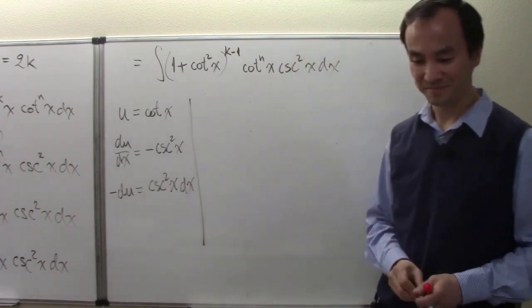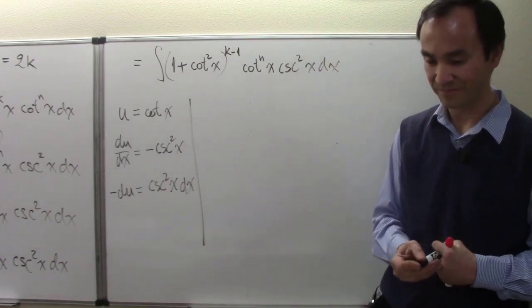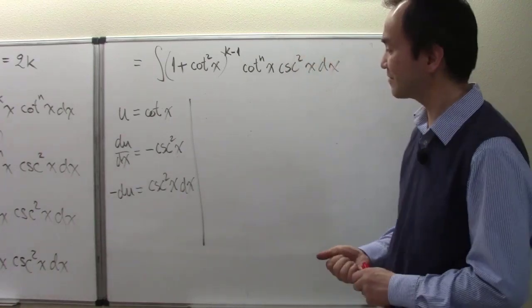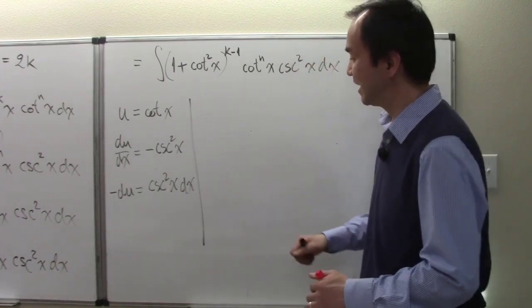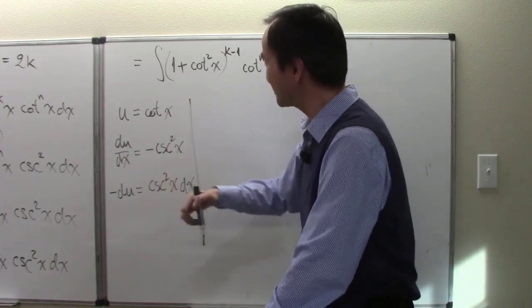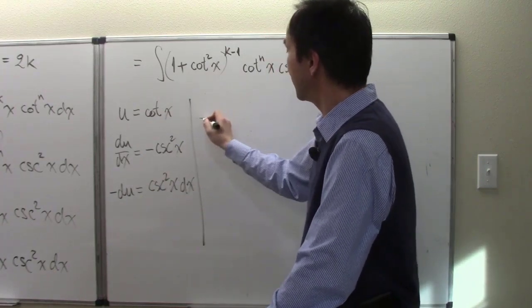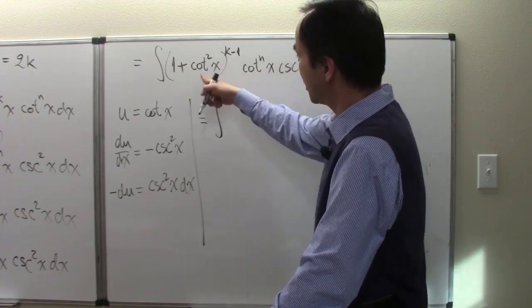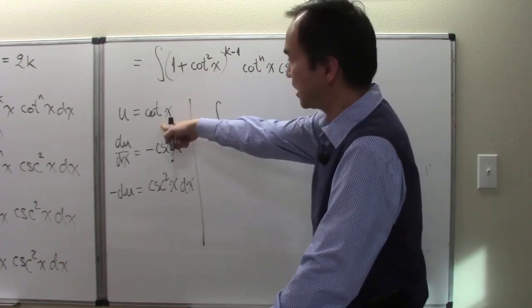All right. And so now upon this substitution, we're going to treat the integral simply in terms of u. Cotangent is now substituted by u.